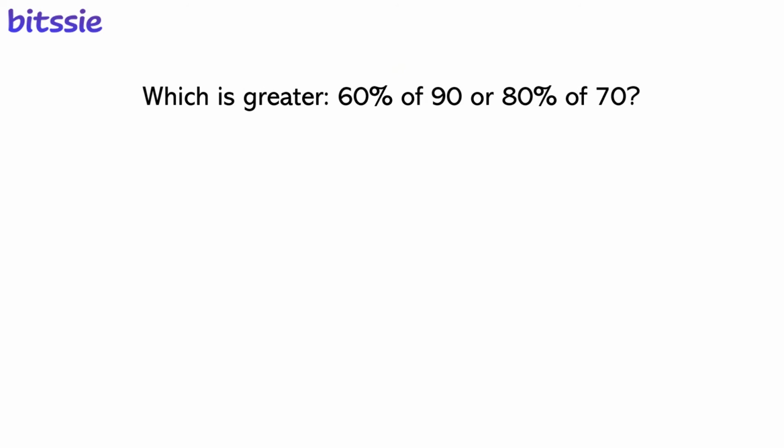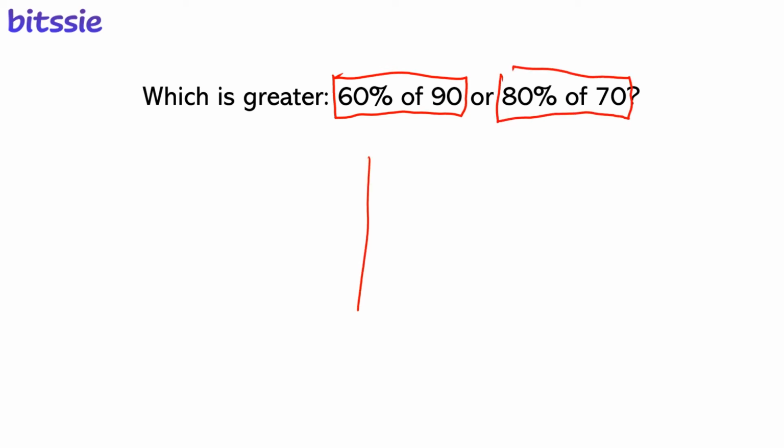Now we have question 4. This question asks us to find which is greater, 60% of 90 or 80% of 70. So let's split the page into 2 and work out 60% of 90 on this side and 80% of 70 on this side.